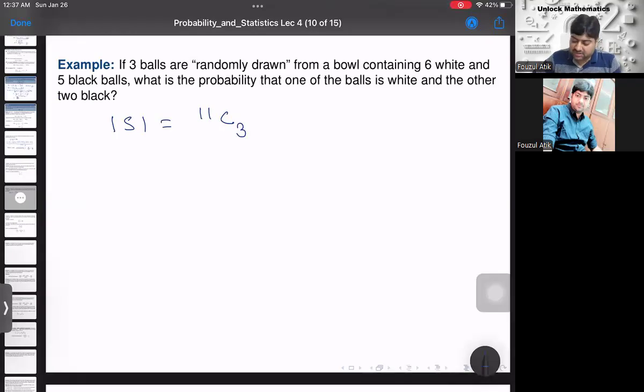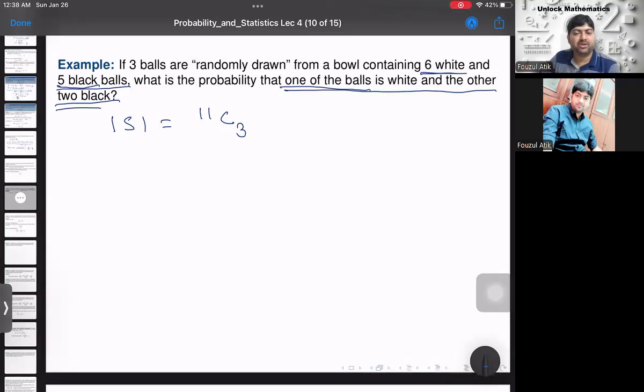Now you get the number of favorable cases of this event, that one ball is white and the other two are black. Now see, you have a total of 6 white balls and 5 black balls. Among these 6 white balls, you have to choose one, and among these 5 black balls, you have to choose 2.